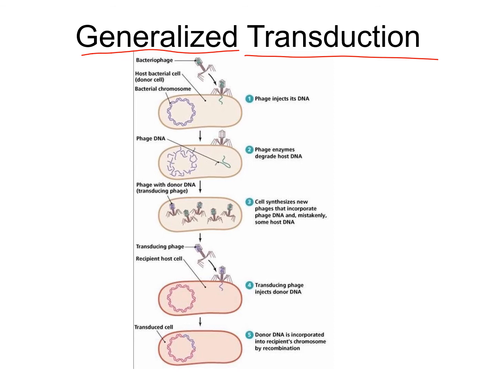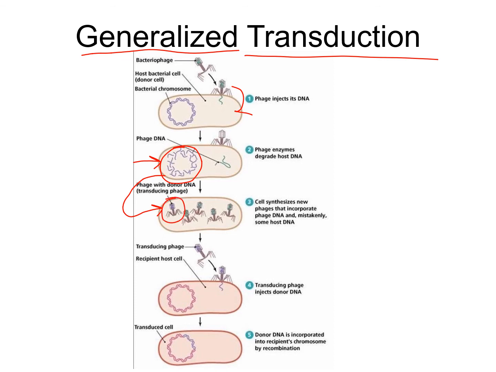Generalized transduction, if you remember, occurs when a phage infects a bacterium, and during penetration, the bacterial chromosome is broken down, degraded into different fragments, and during maturation, one of those fragments is accidentally packaged into a capsid.